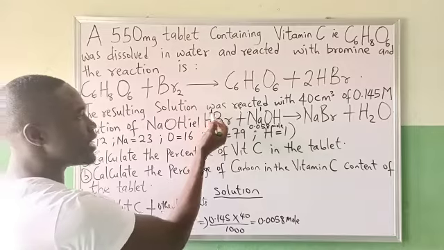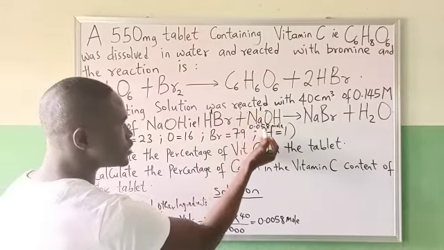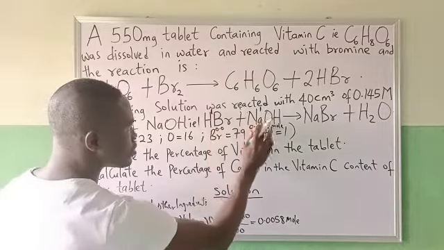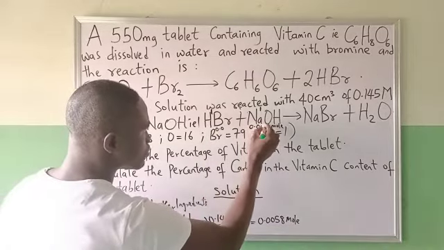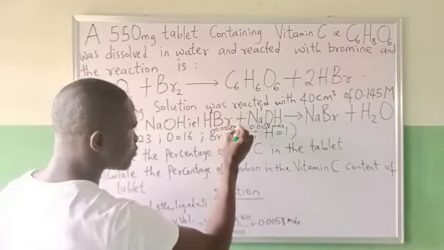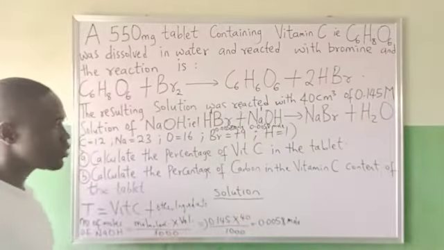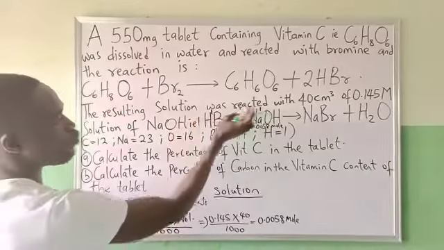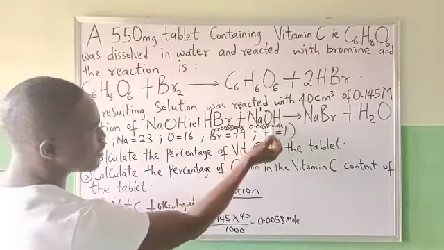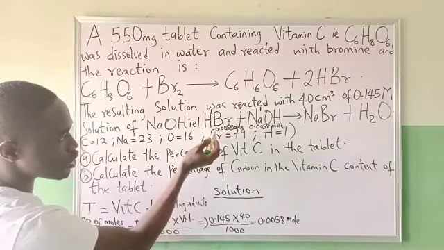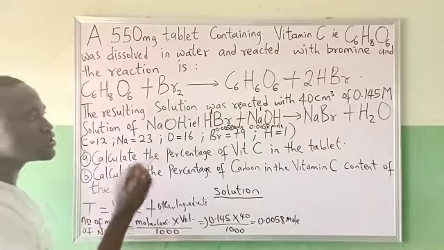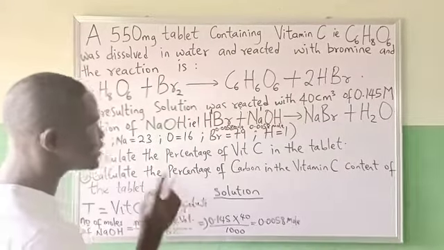That means because they are in the ratio of 1:1, this one will also be 0.0058 mole. Okay, because they are in the ratio of 1:1, 0.0058 mole will give you also 0.0058 mole, please.